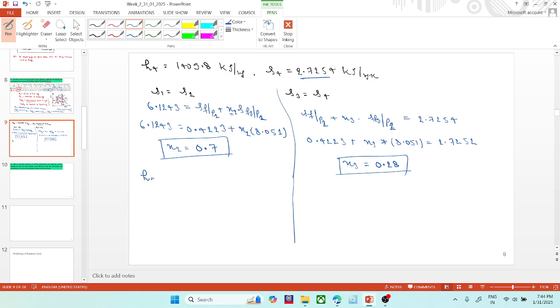Based on this, we can determine the value of S2 and S3. The expression for S2 would be HF at pressure P2 plus X2 into HFG at pressure P2. Similarly, the enthalpy at point 3 would be HF at pressure P2 plus X3 into HFG at pressure P2.